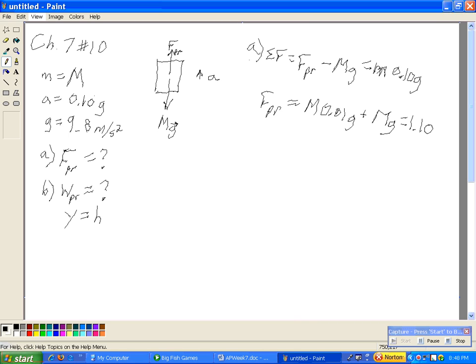I put 0.01. Well, that's not right. It's 0.10. Let's get rid of this and redraw. That's better. So 1.10 mg.